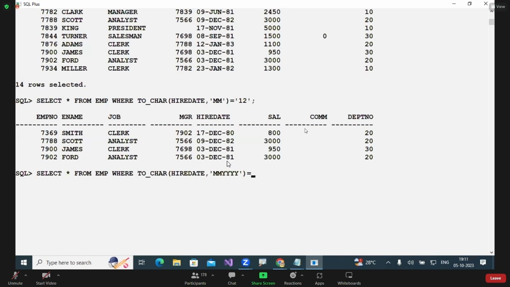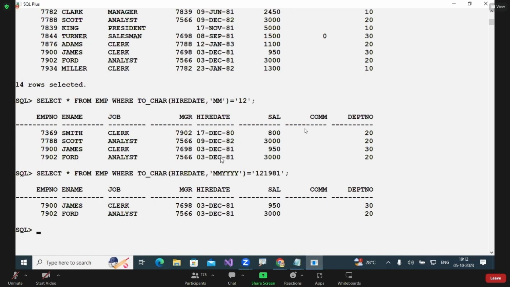If you keep a comma here, as some people are doing, then how many arguments does this function have? So don't put any commas. Directly write it in the same pattern: first the month, 12, next the year in 4-digit format, 1981. This is very simple. Either you can use the AND operator or you can write the direct method.